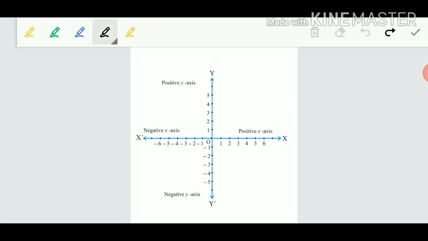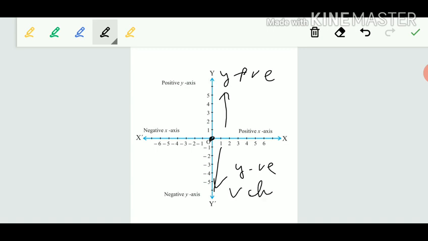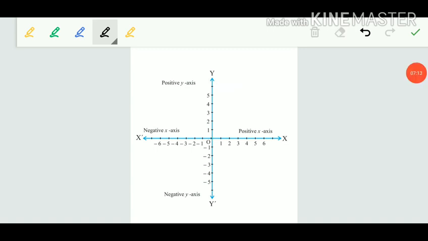On the right side of the origin are the positive x values, and on the left side, the negative x values. Same for the y-axis: on the top of the origin are the positive y values, and downside the negative y values. So right side is the positive x-axis, left side the negative x-axis, upper side the positive y-axis, and downside the negative y-axis.